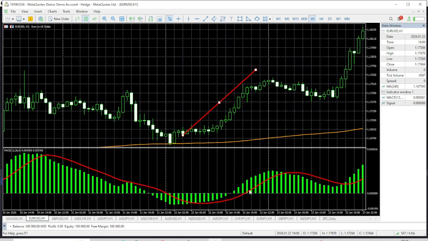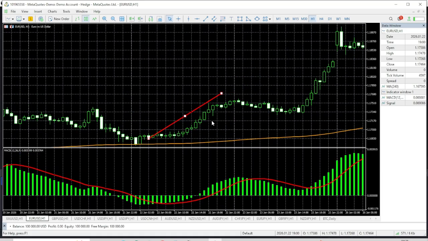So we wait for them to cross over again to the upside, and here they did. So everything is up again, and at this point we are comfortably above the 240 exponential moving average. So now we wait for a pullback, and then we got the pullback here.